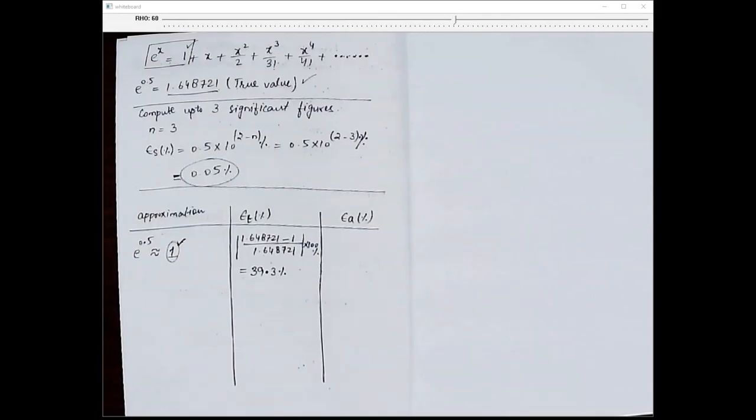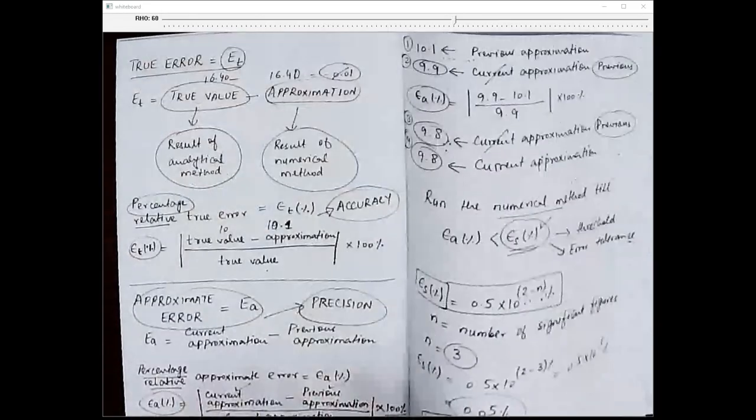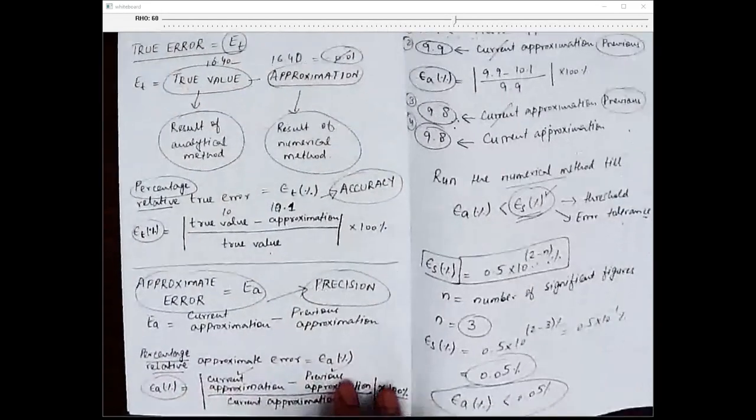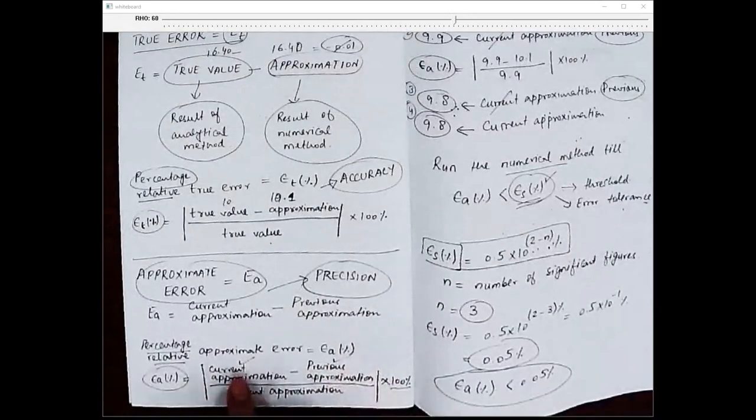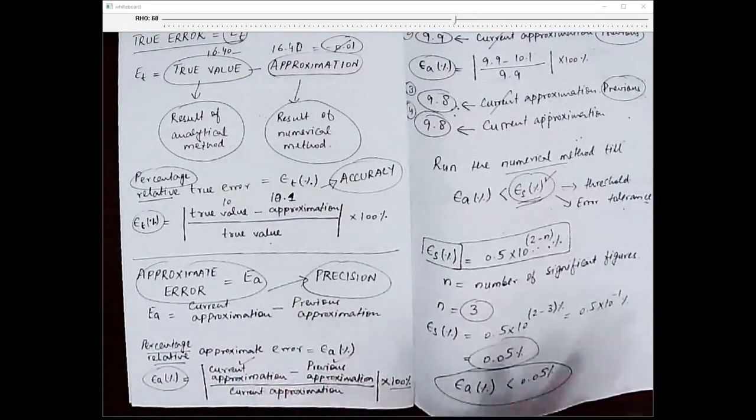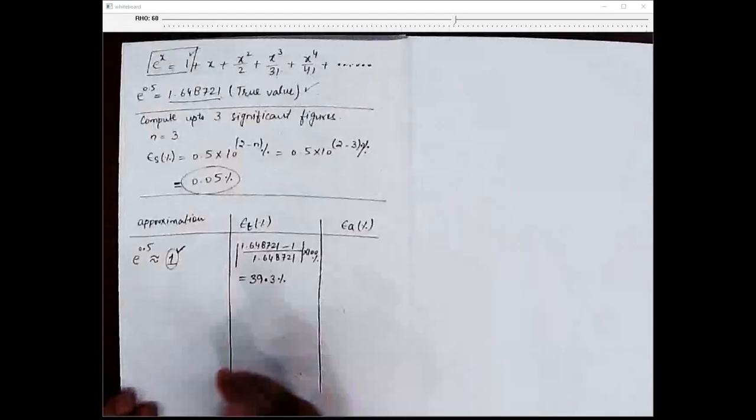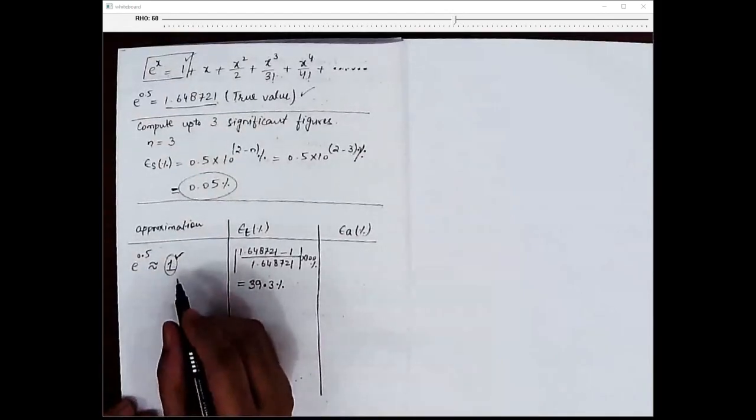The question is very simple. I want to apply a formula which is based on the simple difference of two approximations. One is called the current approximation, one is called the previous approximation. I have one of the approximations, which is written here, which I call the current approximation.